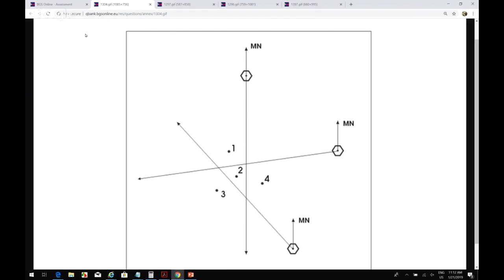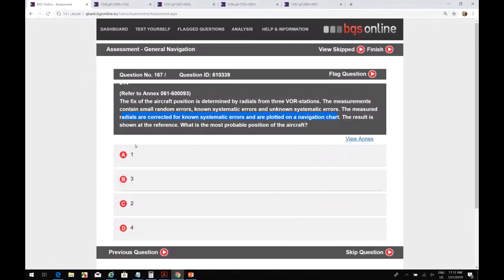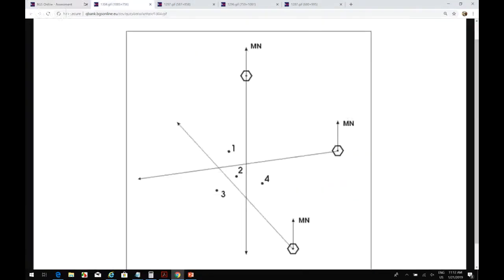It's going to be 2, isn't it? Go for 2. No, 1. Okay. So why is it 1? Radial here, radial here. The common thing with all of these is that the location is to the left of the radial.